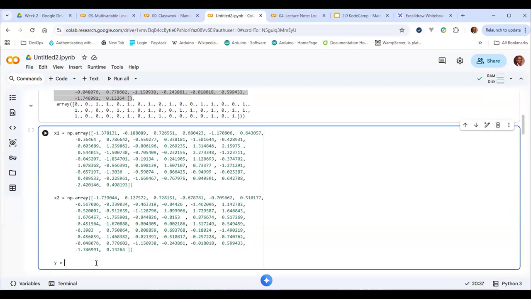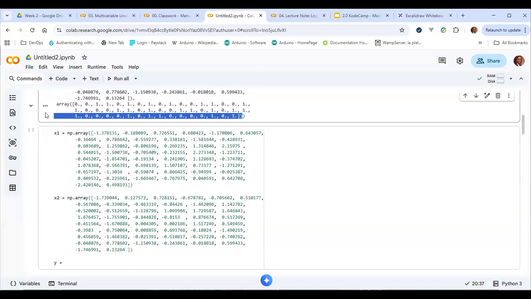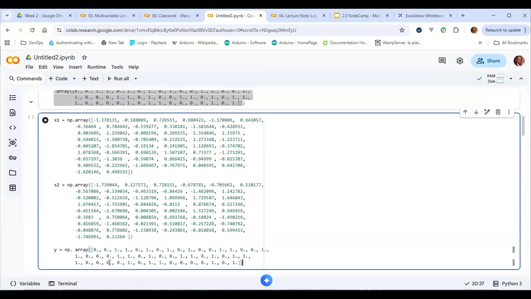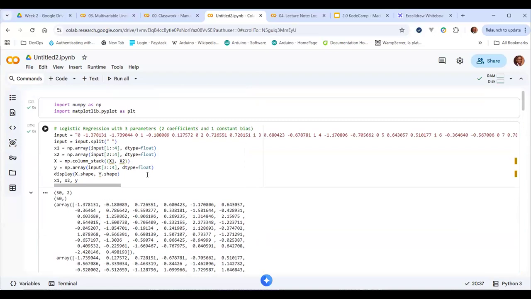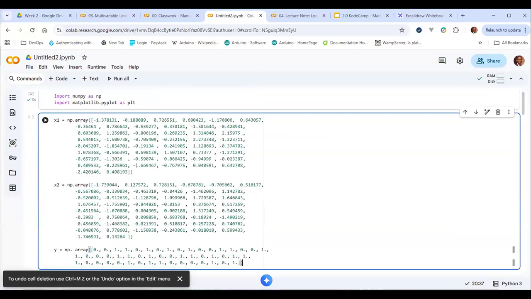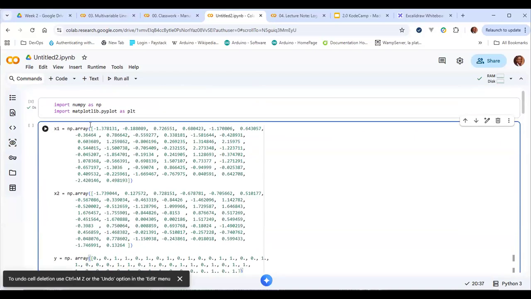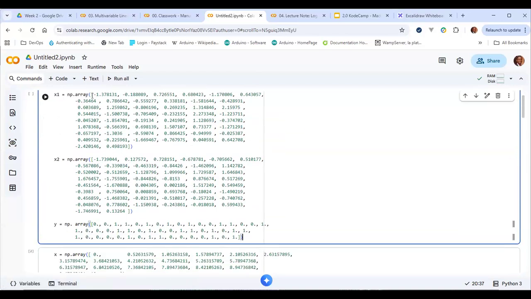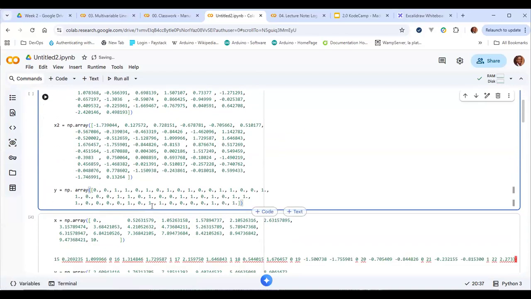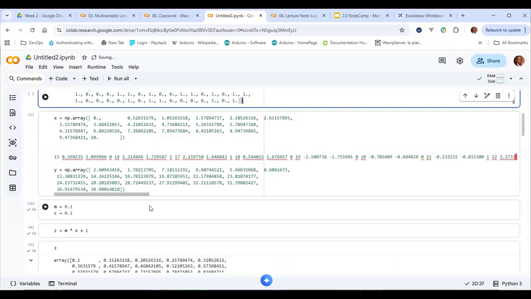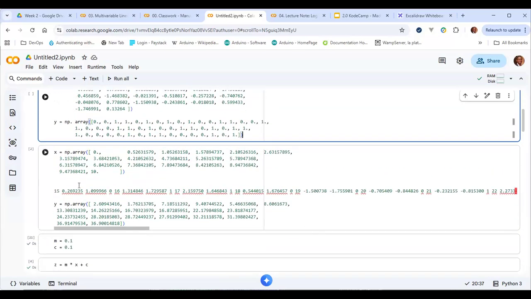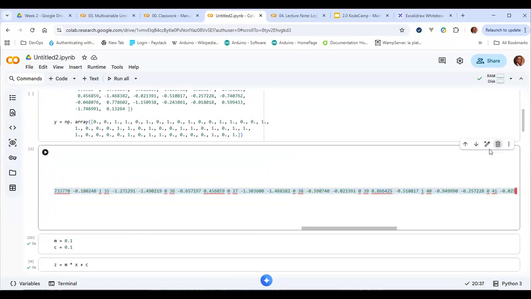And then this is y. So we have the three of them. I'm going to take out this section which I used to generate those values. So we now have x1 as an array of numbers, x2 as another array, basically vectors, and y, which is just the actual values. Okay, so that's definitely much better than what I have here. So I'm going to take this off.